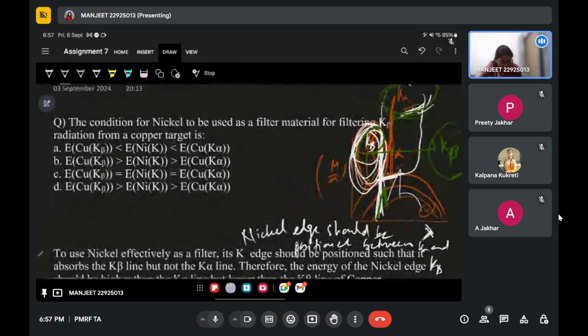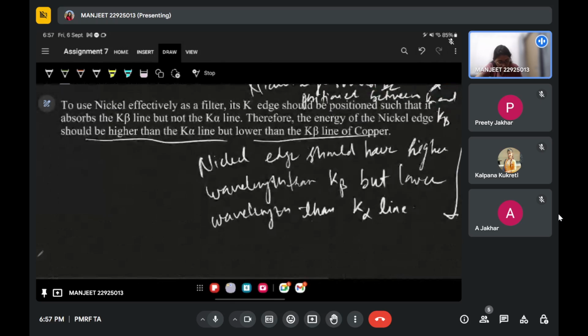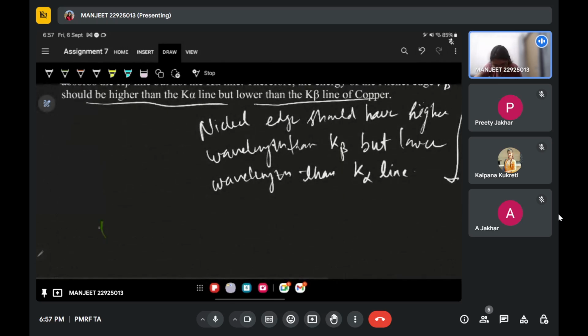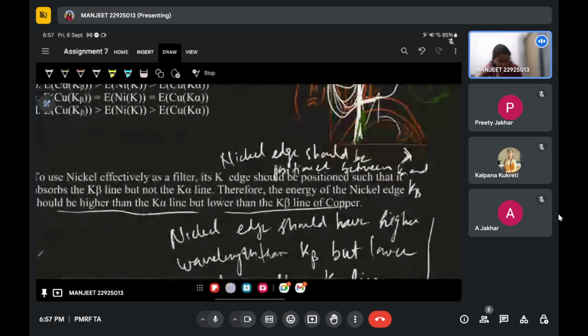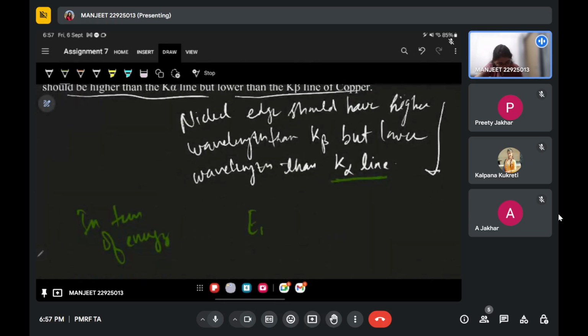So here it is asked in terms of energy. In terms of energy, K alpha is the lower one, having the higher wavelength, so this will have the lower energy.